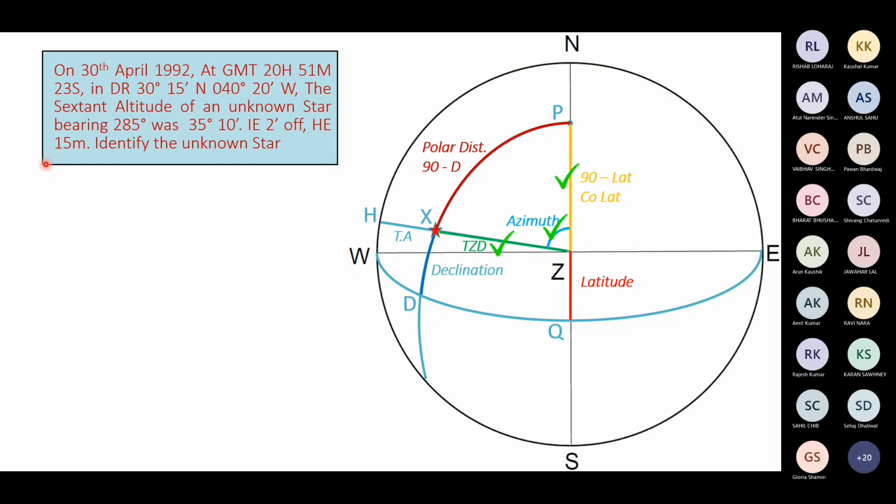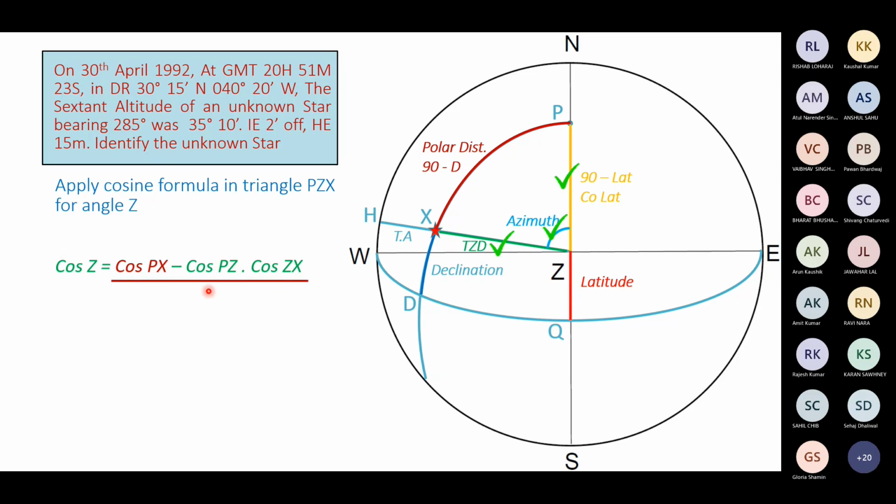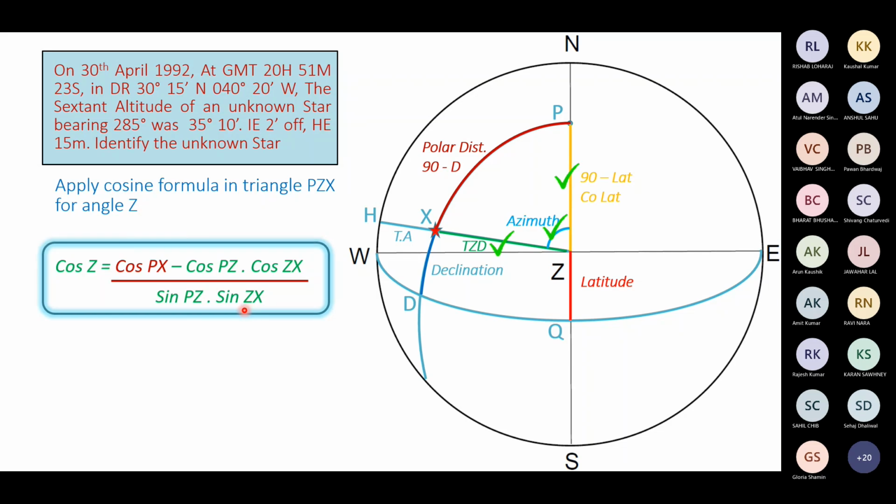So let's apply the cosine formula on the PZX triangle, for angle Z. Cos of angle Z is equal to cos of opposite side, which is PX, minus cos of adjacent side 1, that is PZ, multiplied by cos of adjacent side 2, that is ZX, whole divided by sine of adjacent side 1, which is PZ, multiplied by sine of adjacent side 2, which is ZX. So you can see the cosine formula has been applied.